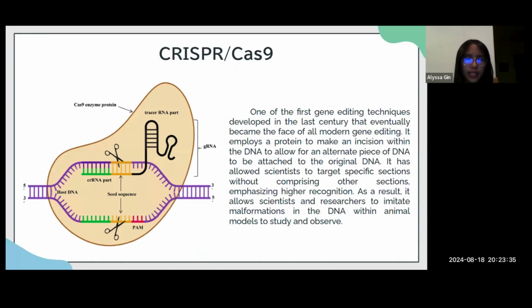It has allowed scientists to target specific sections without compromising other sections, emphasizing higher recognition. As a result, it has allowed scientists and researchers to imitate malformations in the DNA within animal models to study and observe. So as you can see in the image on the left, there are the genetic scissors that cut the double strands and that allows the tracer RNA to be attached.